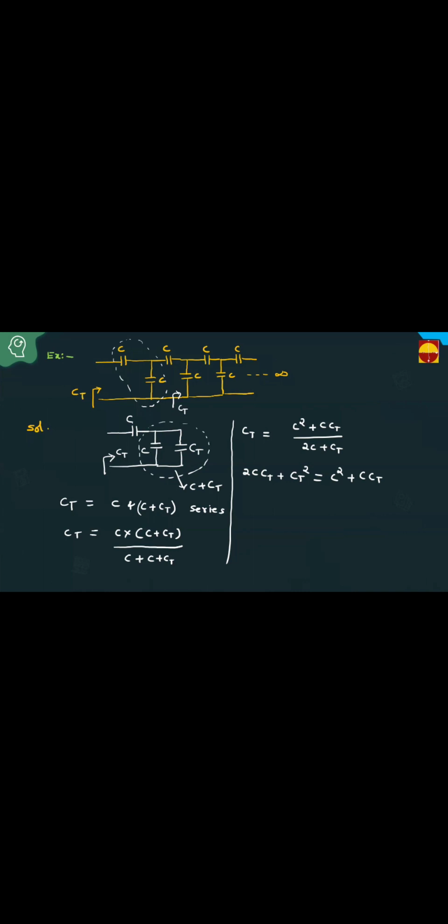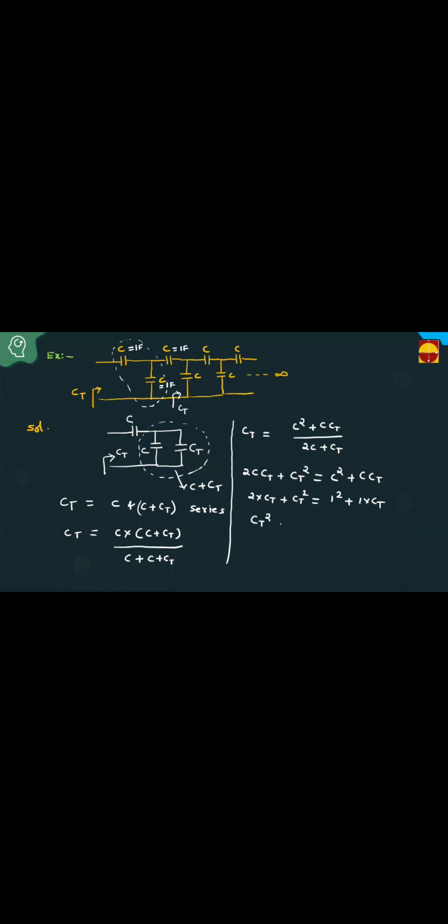But here this C value is 1 farad. Or if value is not given, also no problem, directly also you can solve, but C is given 1 farad. If C is 1 farad, 2 into CT plus CT square equals 1 square plus 1 into CT.